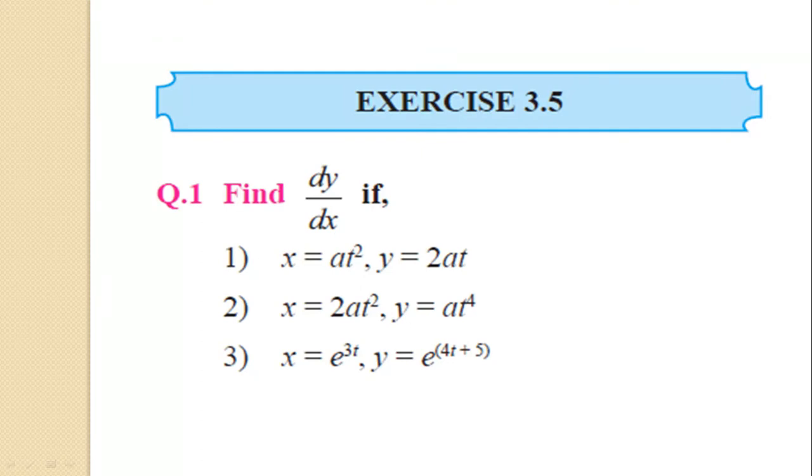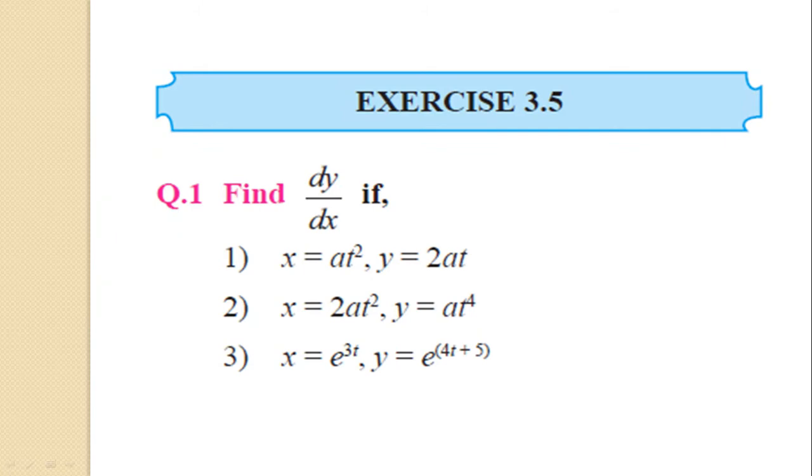Here also t is a parameter and a is a constant. Similarly, third one is x is equal to e raised to 3t and y is equal to e raised to 4t plus 5. Here also t is a parameter.